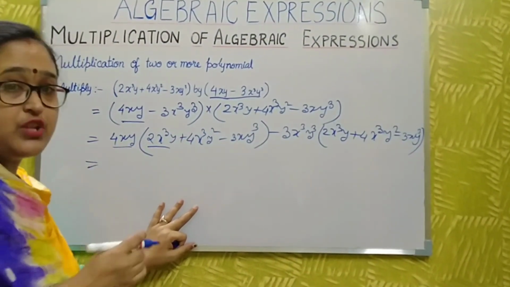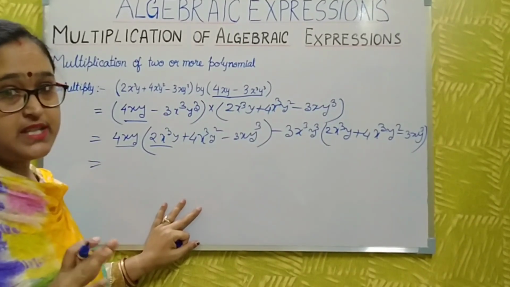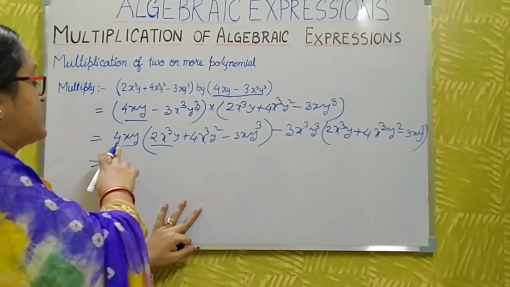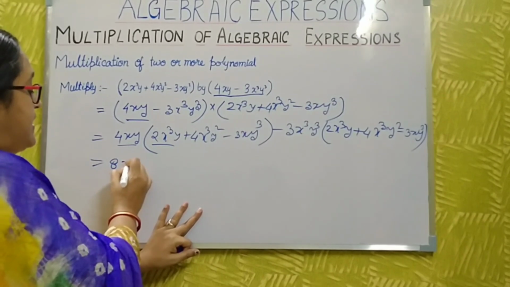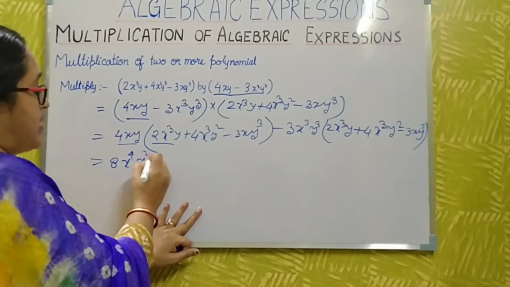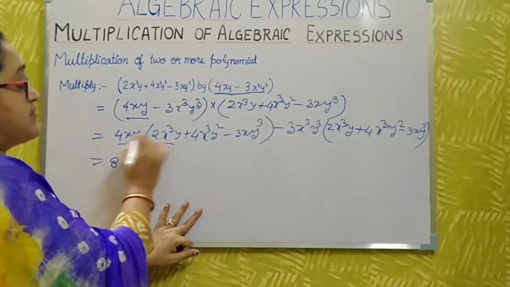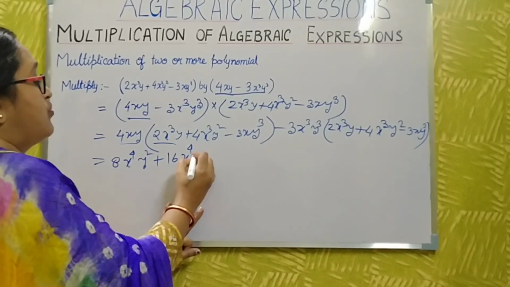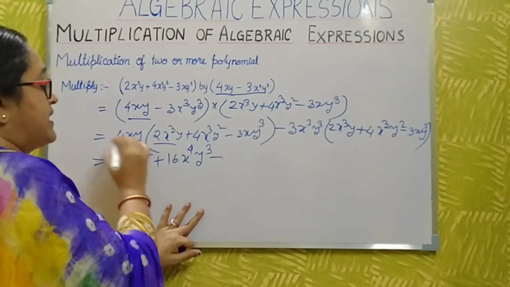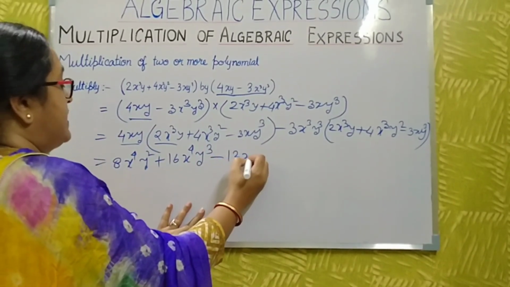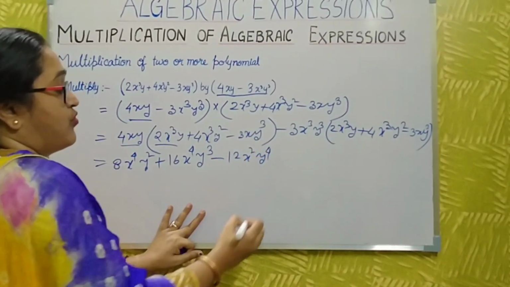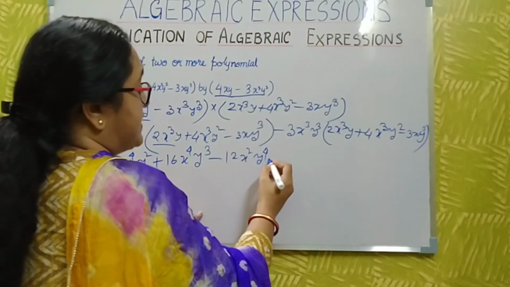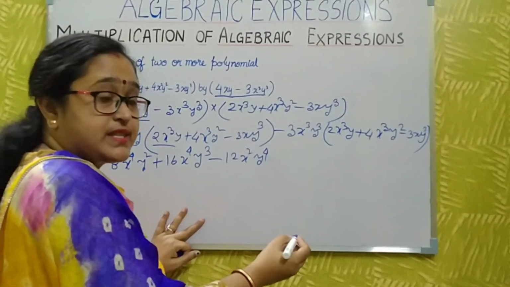Then you do the multiplication of this and this. First you do the multiplication of numbers. I already told you. 4 2s are 8 x to the power 4 y square. Then plus 4 4s are 16 x to the power 4 y cube, minus 4 3s are 12 x square y to the power 4. Then you do the multiplication of the next.